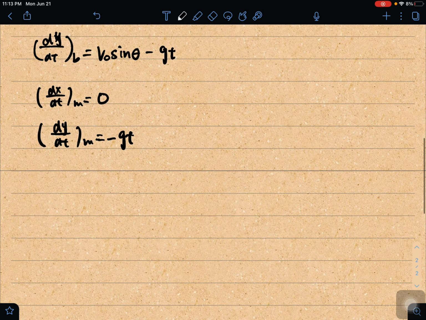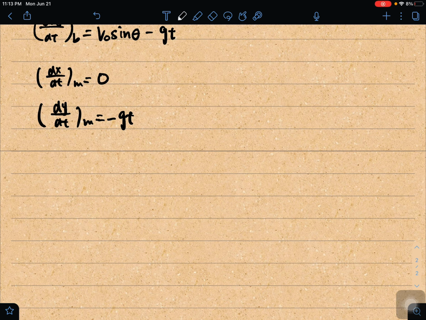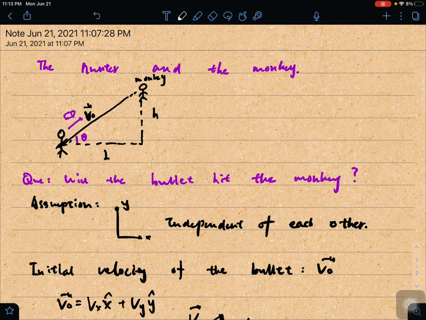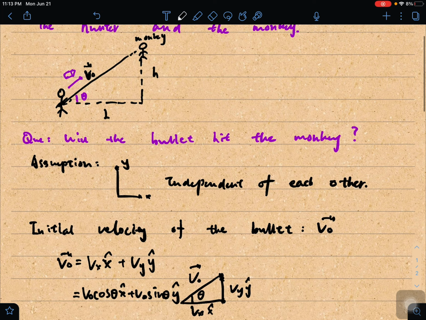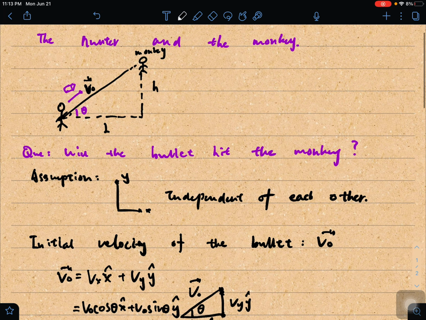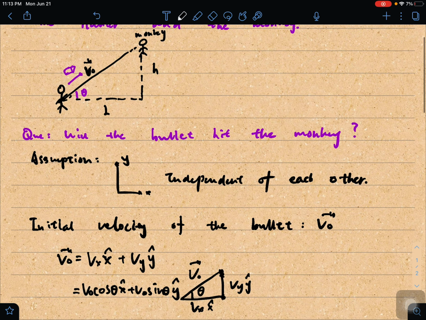And so now we want to figure out whether the bullet will hit the monkey. The bullet will travel through a distance L when it hits the monkey. So the question to ask is, when the bullet travels through a distance L in the x direction, where the monkey is, and where the bullet is, and whether they are at exactly the same position.